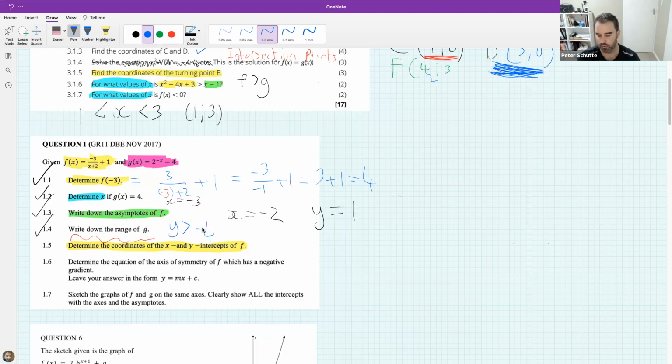Typically, when we find the x and y intercepts, we use a set method. So think back to when you drew graphs. What did you use to find the x and y intercepts?